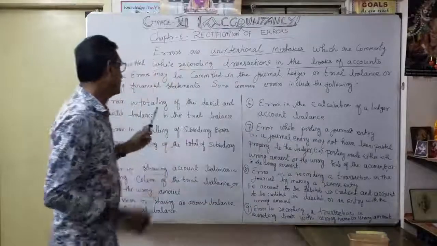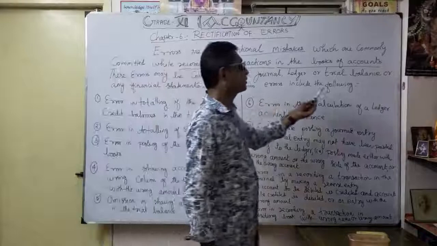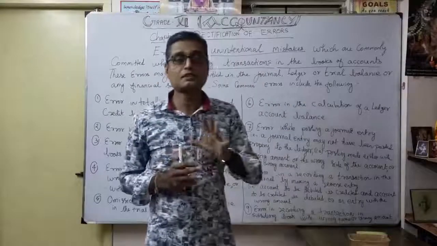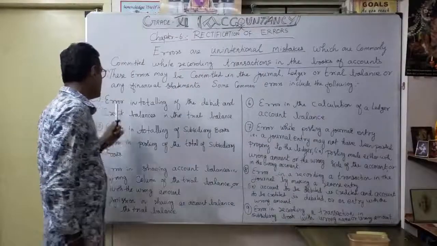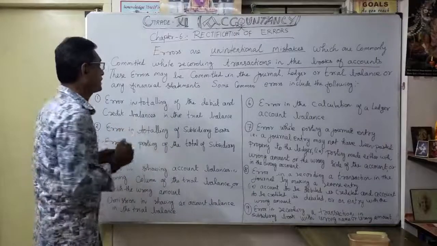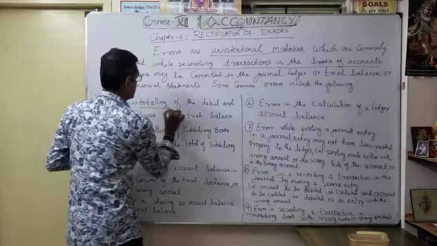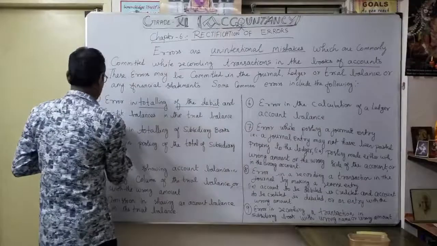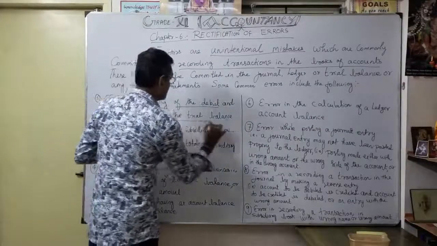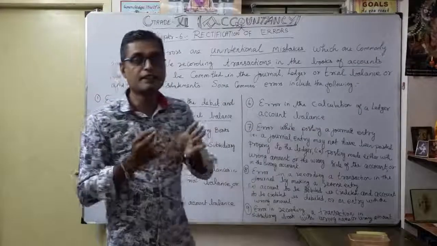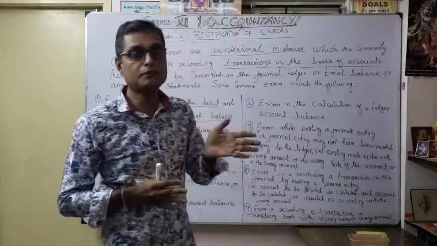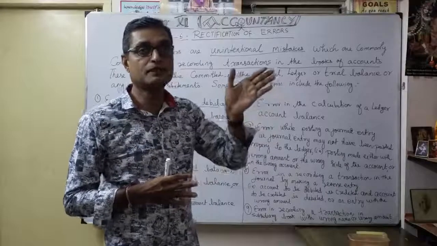Some common errors include the following. The first one is error in totaling of the debit and credit balances in a trial balance. In a trial balance, you identify which balances should be debit and which should be credit.